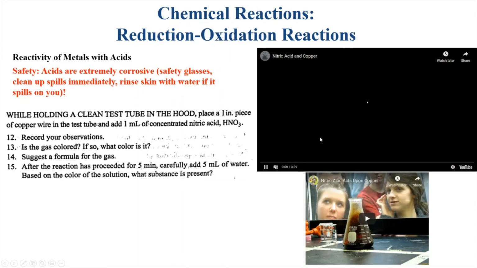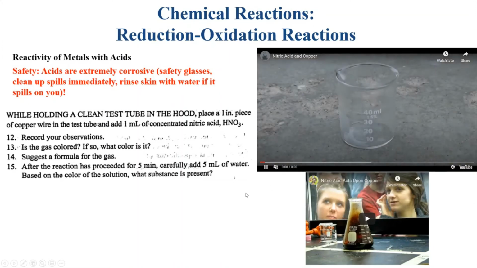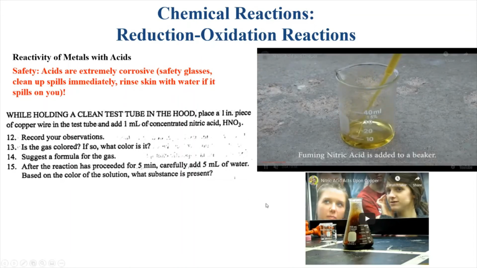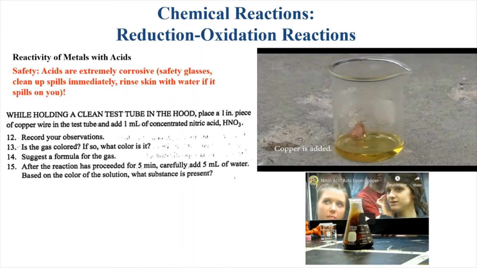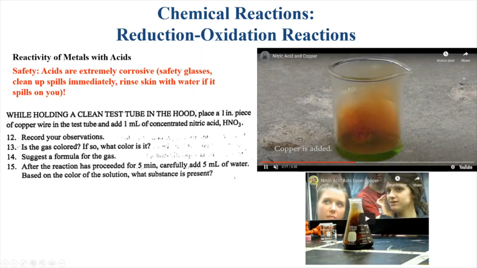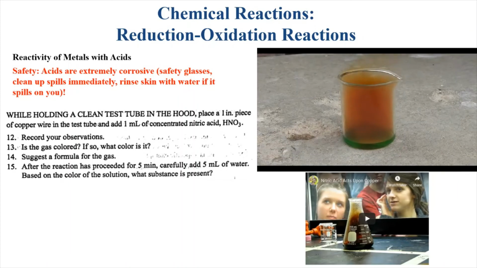So let's first observe the reaction. Okay, so what they're doing now is adding the nitric acid to the beaker. This is a special type of nitric acid that's called fuming nitric acid. And then copper is added, that's just some copper wire. And you can see what your observation should be.